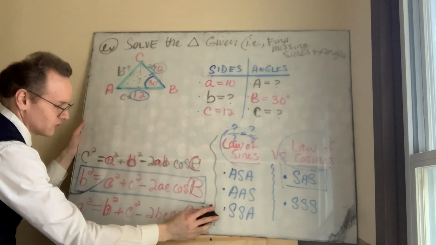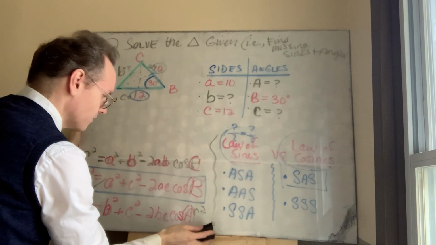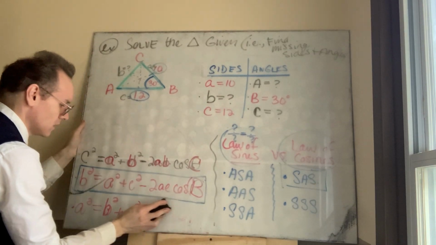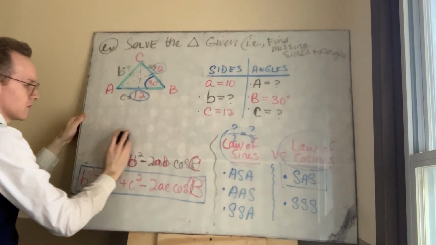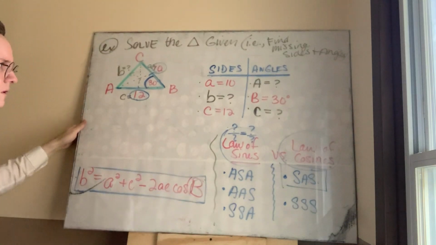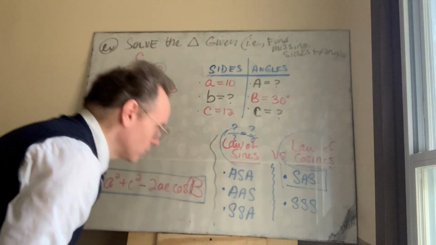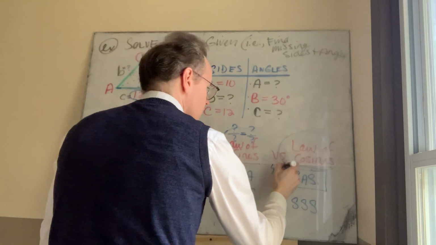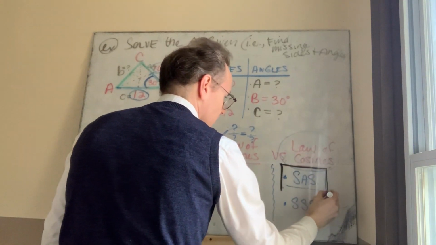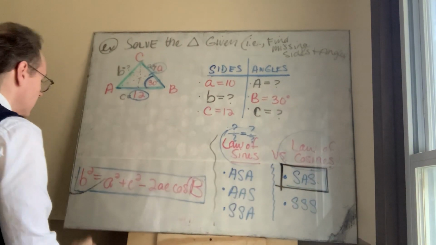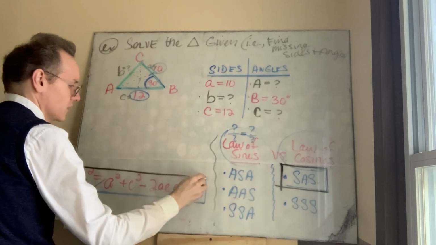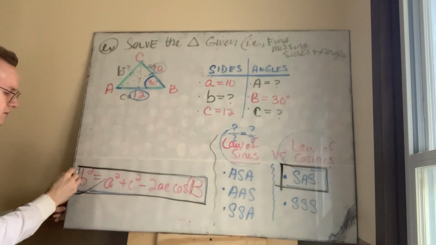So I will erase this just not to have it distracting here, and I'll erase this. And I'll re-emphasize, this is the situation that we are given. This is a nice marker. And this is the appropriate incarnation of the law of cosines.